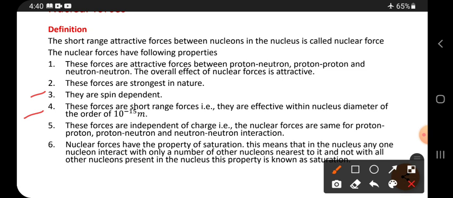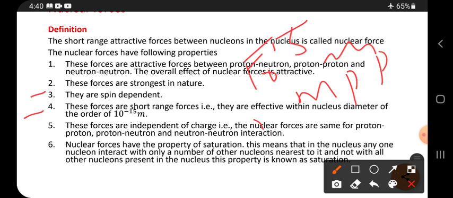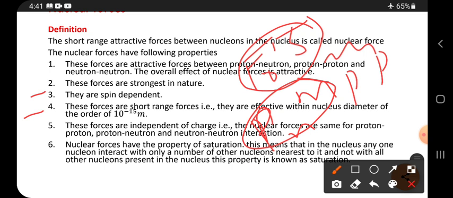Fourth point: these forces are short range forces. That is, they are effective within the nucleus, a diameter of the order of 10 to the power minus 15 meters. These nuclear forces can act between protons and neutrons, or neutrons and neutrons, when these nucleons are at a distance of 10 to the power minus 15 meters.